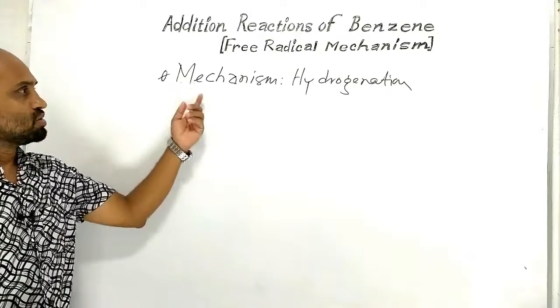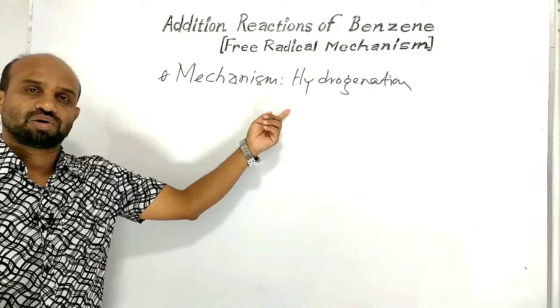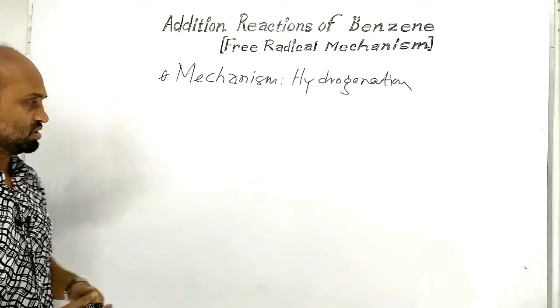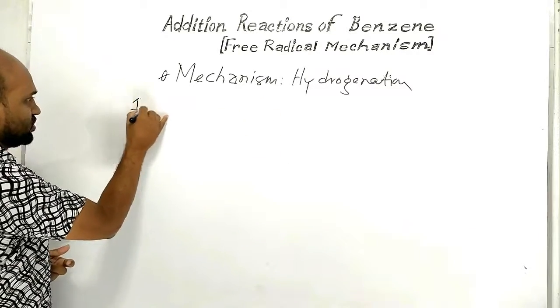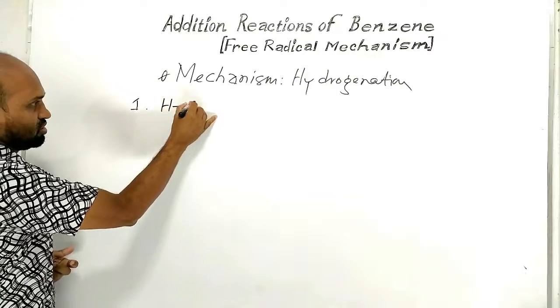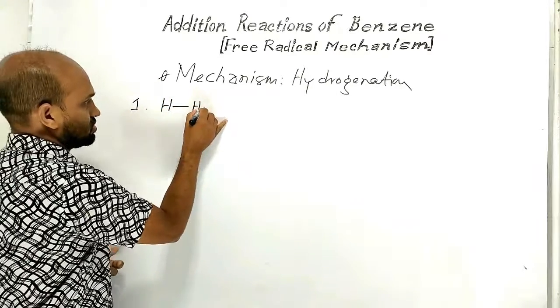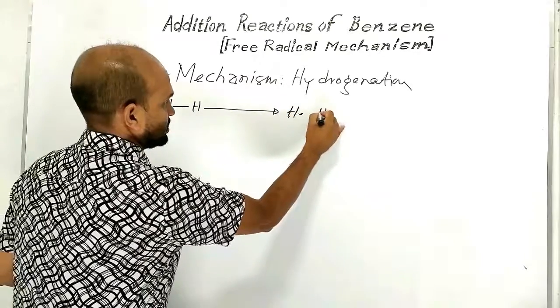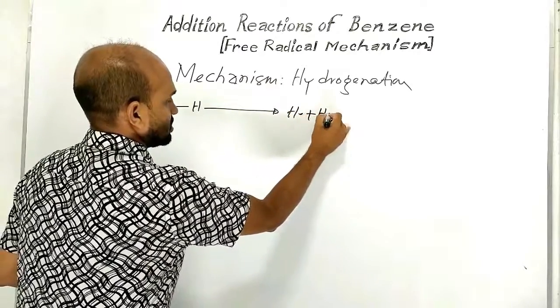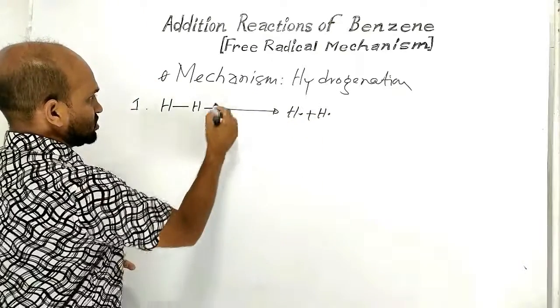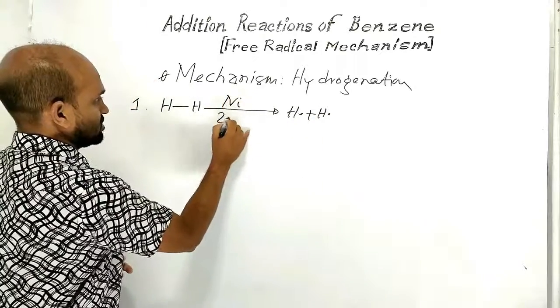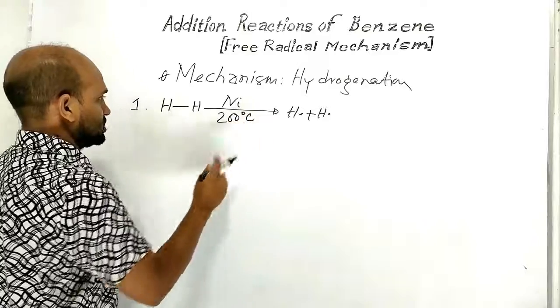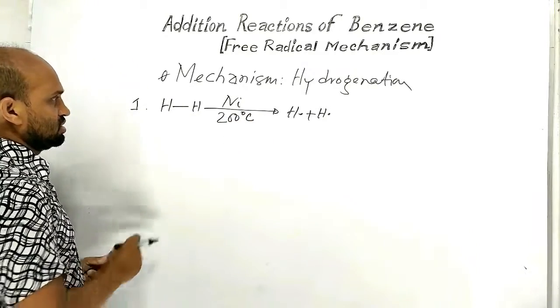Now, mechanism of hydrogenation of benzene. Let's see. First of all, hydrogen molecule undergoes homolytic fission in presence of nickel catalyst and at 200 degrees Celsius temperature.